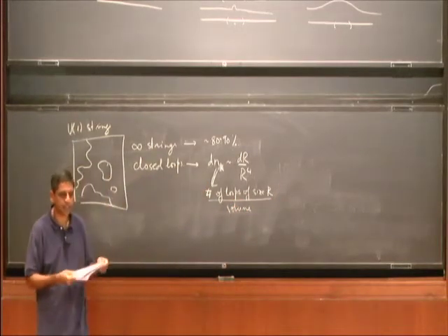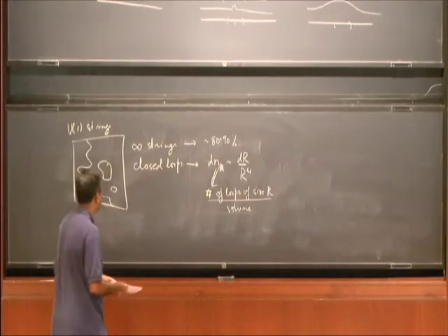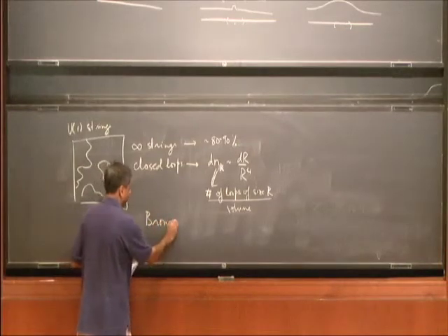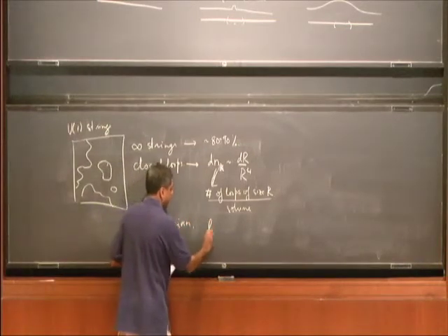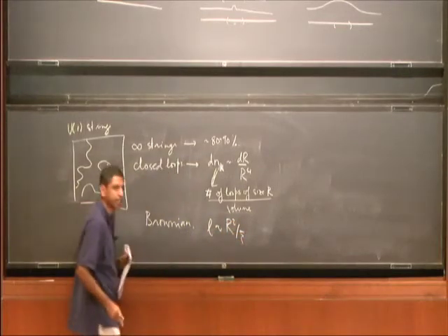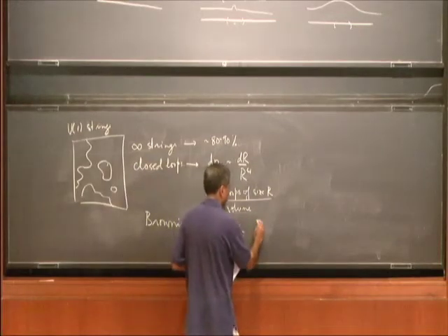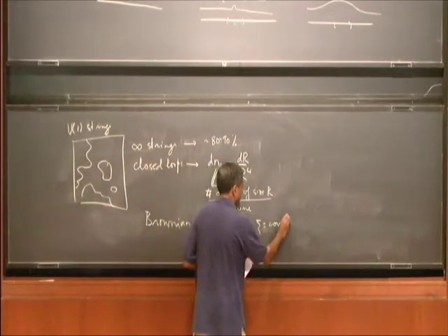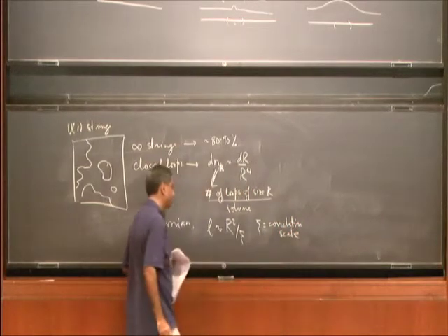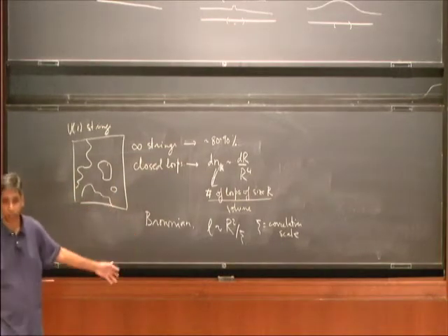Okay, so that's just dR by R to the 4, and the shape of these strings is Brownian, which means that the length goes like R squared by some typical scale. Okay? C is the correlation scale. So this pretty much characterizes the strings at formation.